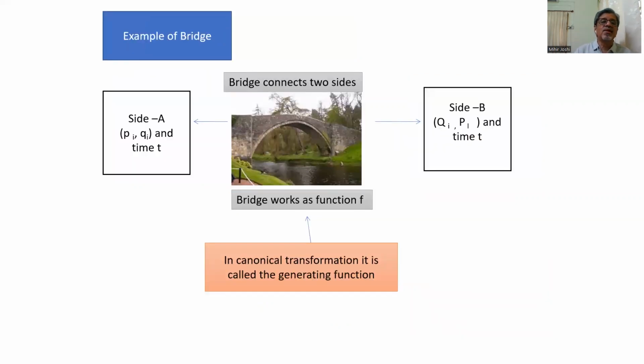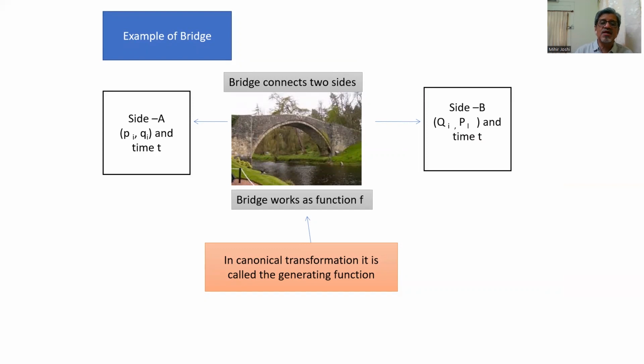Now, another example is a bridge connecting the two sides of a river. Side A is represented by qi, pi, and time t, and side B is represented by capital Qi, Pi, and T. These two sides are connected by a bridge.